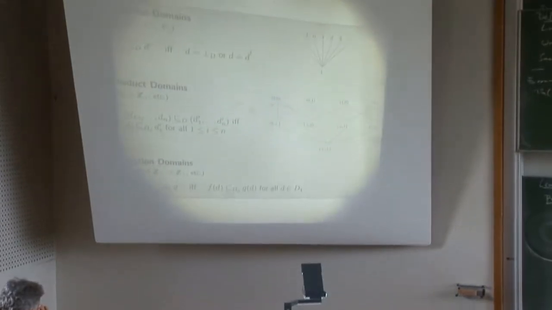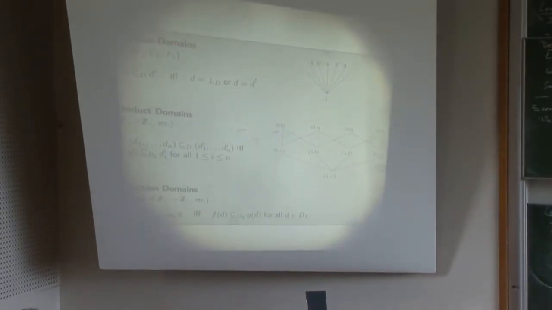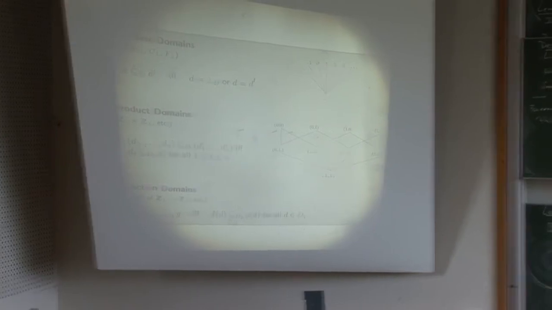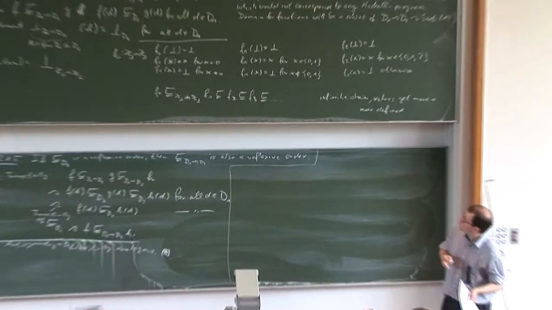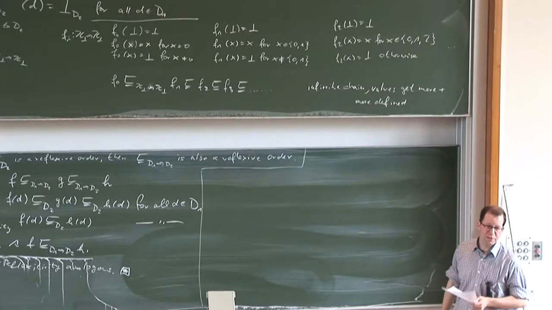Okay, so this is the function domain. Now, as I said, with functions, things are a bit more complicated. We don't want all functions in the domain. So not all functions from D1 to D2 can be the meaning of a program. Only certain ones are allowed.